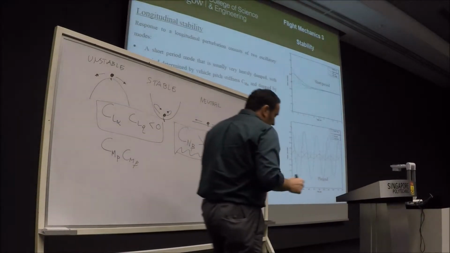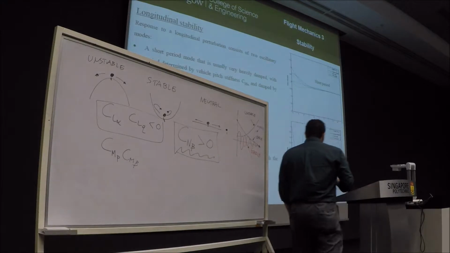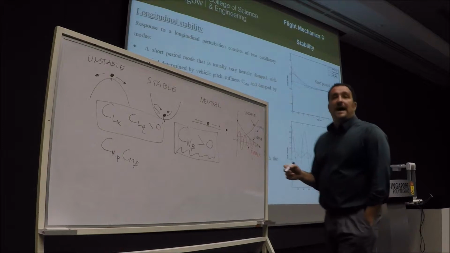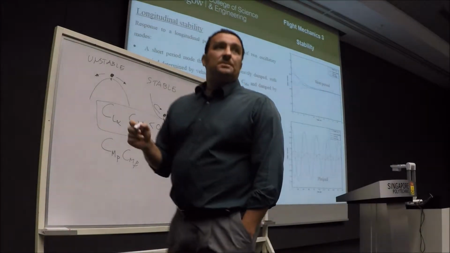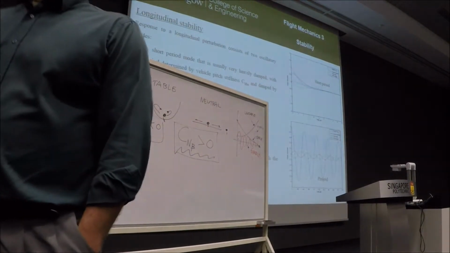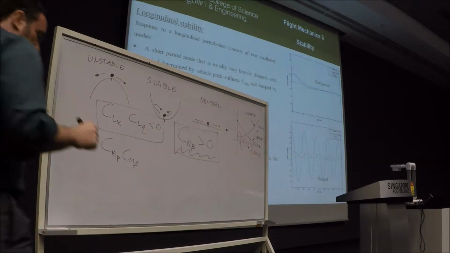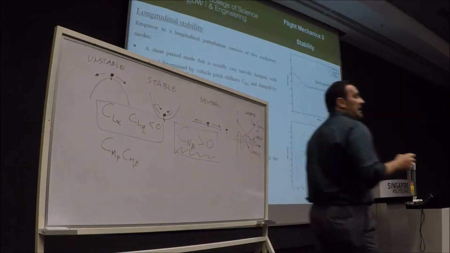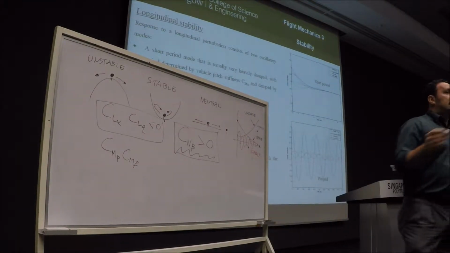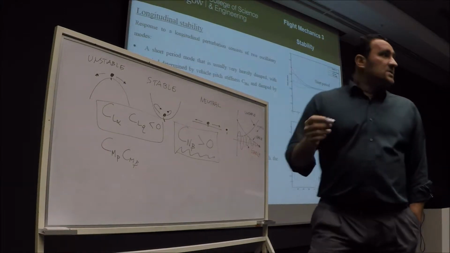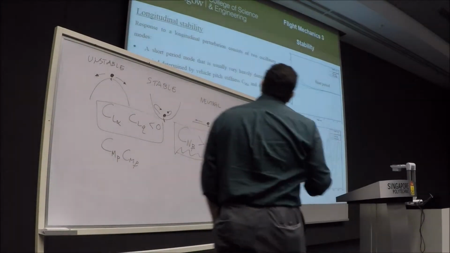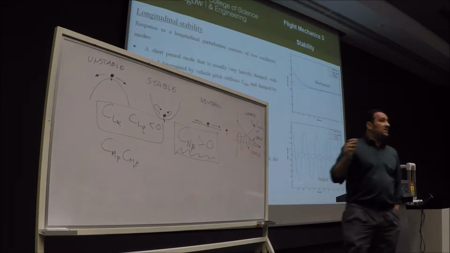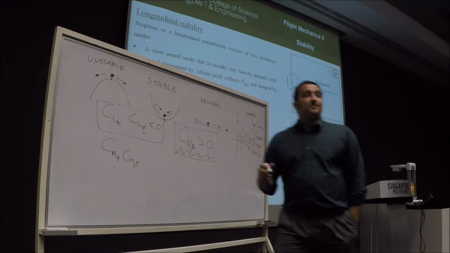Now, when looking at the stability of an aircraft, we can identify different modes, and this determines the direction of where the stability is looked at, addressed. So we have the case of longitudinal stability, which is in the pitch disturbance.